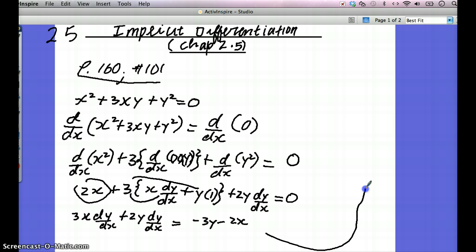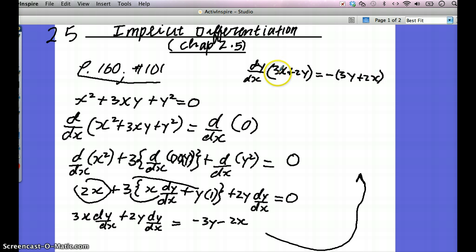Alright, let's finish it up here. I'm going to factor out a dy by dx from this term and this term. So I got dy by dx coming out, and that leaves me 3x from this term plus 2y, equals, on the other side, I'm just going to take out a negative and make it 3y plus 2x.